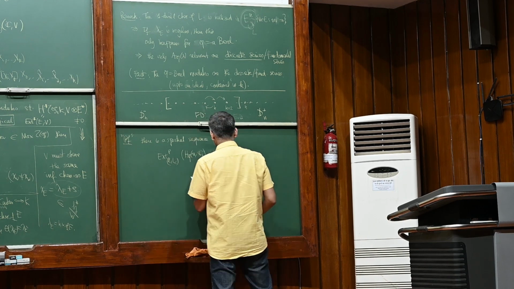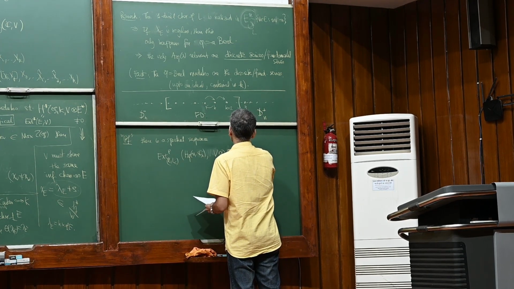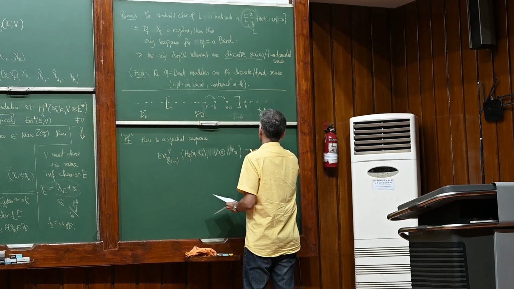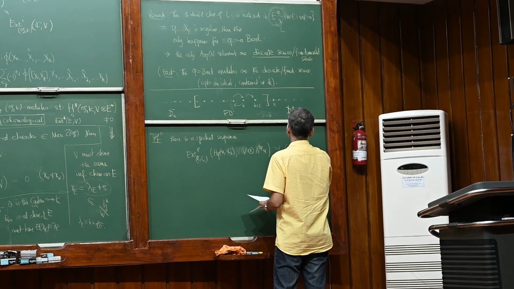So for a given V and W, there is such a spectral sequence, top exterior power of U, okay, and it converges to... yeah, so there's one technical point in this.